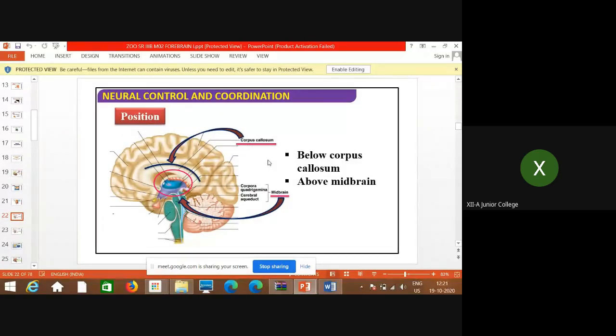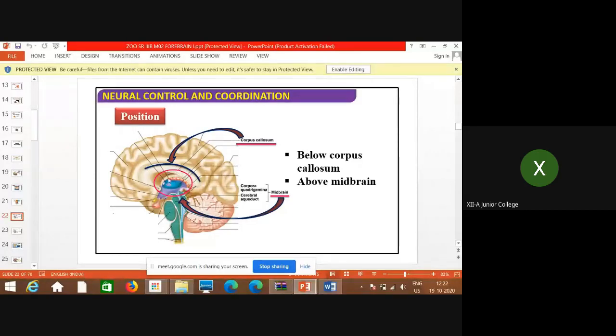Now what is the position? It is shown here. This is the corpus callosum, shown by the blue line, and this is the actual position, shown by this circle.